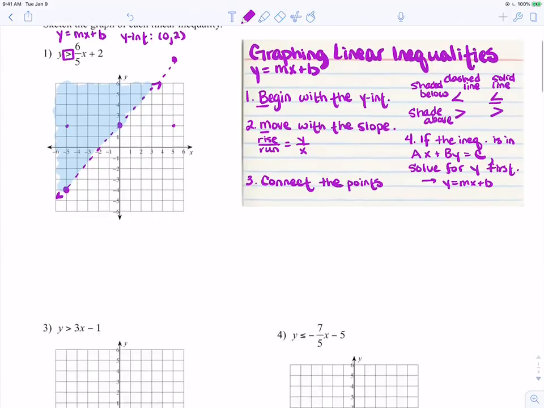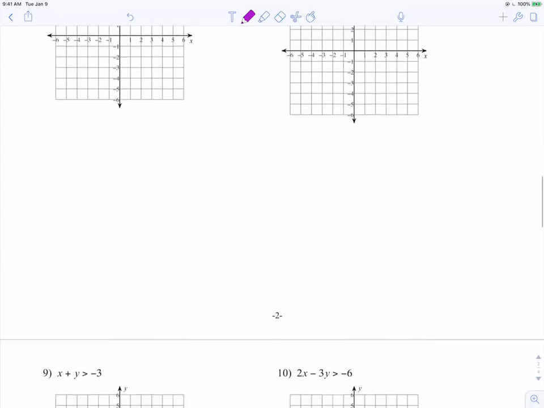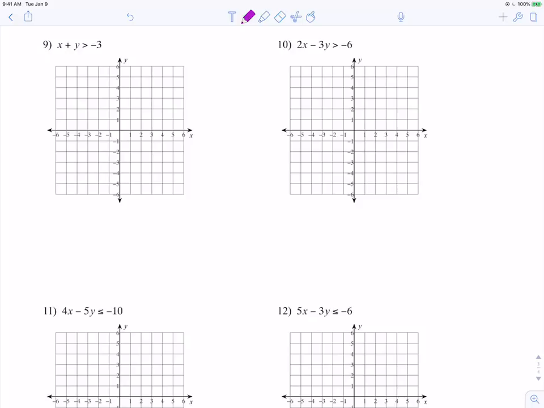If you look at the second page of your practice, you will see an example where you have to solve for y first. So let's look at number 10 as an example.